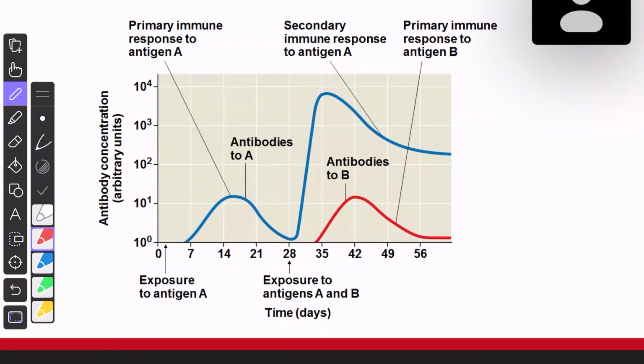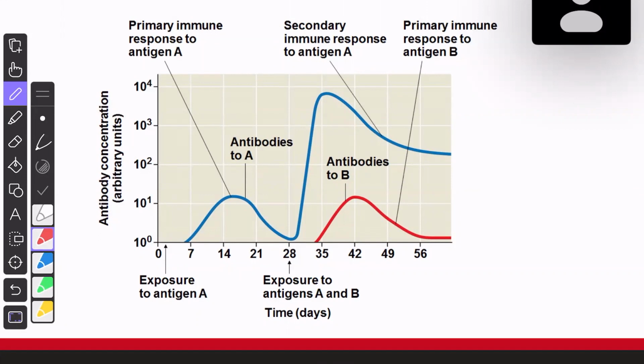The change in antibody concentrations in arbitrary units over time in days. Okay. Now, if the antibody concentration goes up, what does that tell me is happening? You're having some sort of an immune response, right? You've encountered a pathogen, you are developing some kind of response.